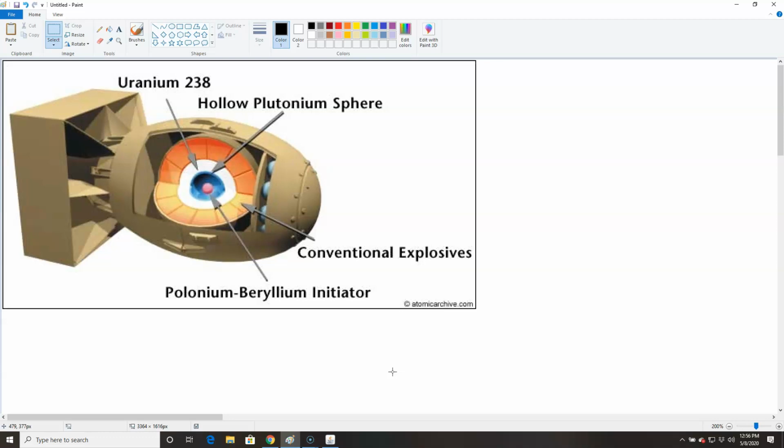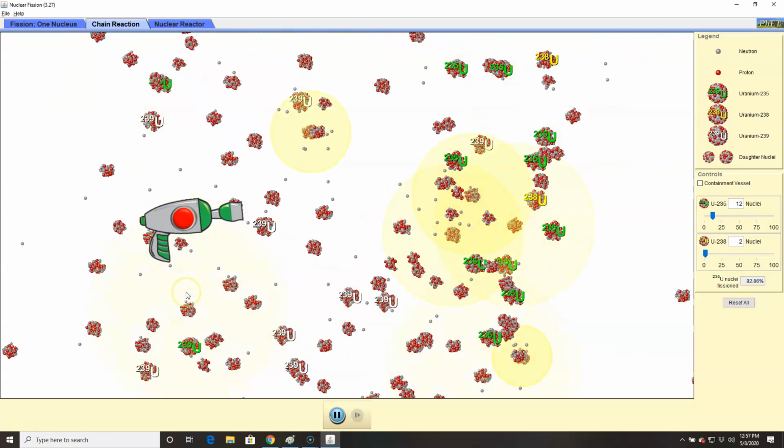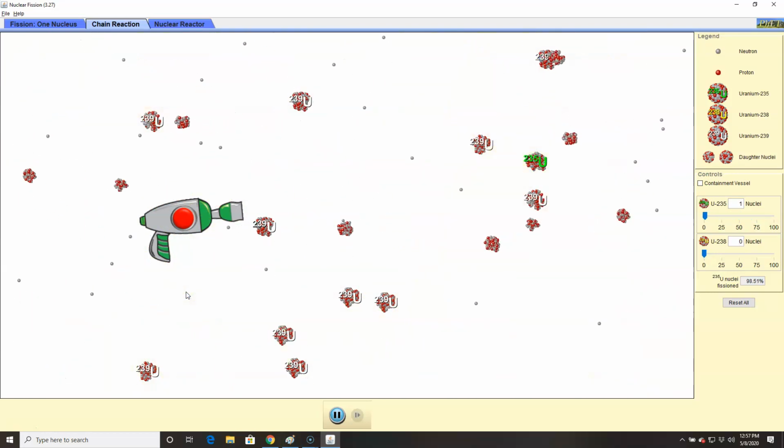The idea is, inside of the bomb, we have something that will emit neutrons, and we surround it by plutonium. Now, if we come back to here, it's very similar, where instead of plutonium we have uranium, but one of those neutrons goes off and hits the plutonium, it begins the reaction.